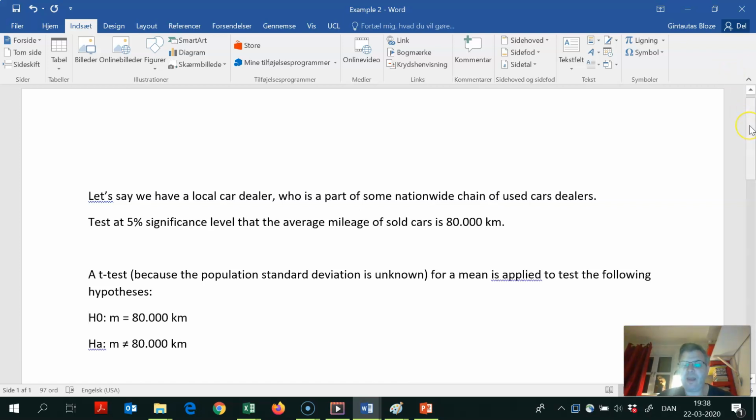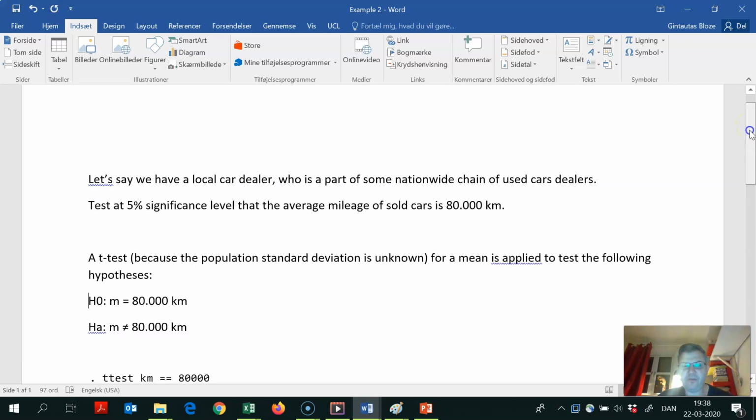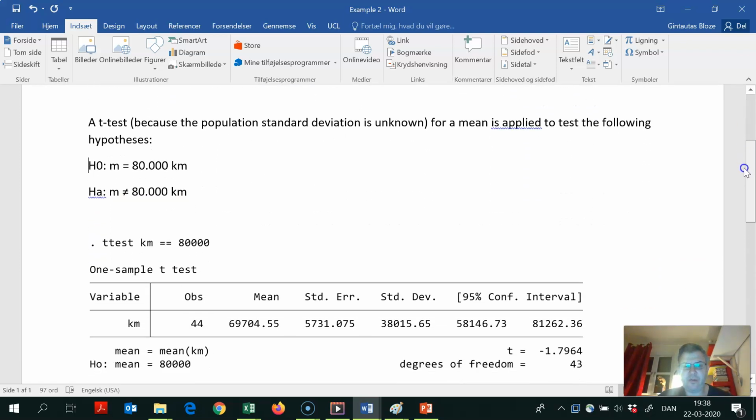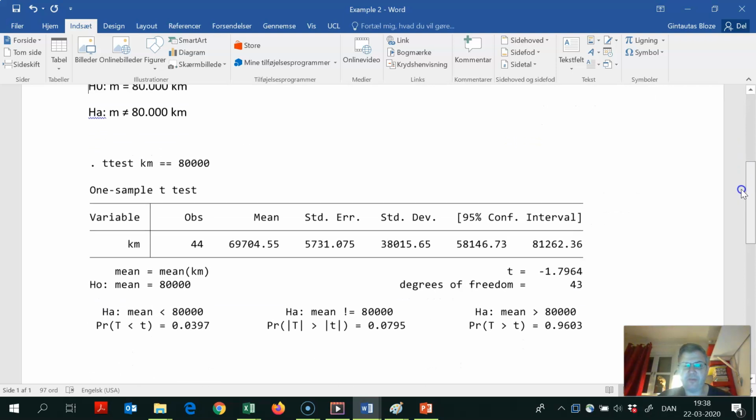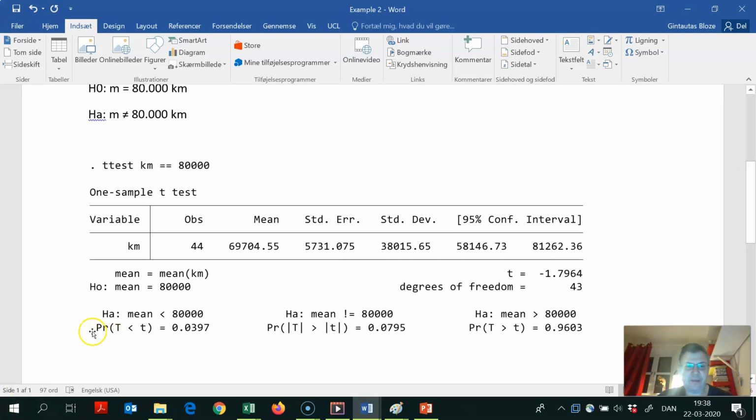And you actually don't have to make a new calculation, because as before, the software presents all three options for the hypothesis test. Here you have the alternative hypothesis that we tested before, less than 80,000 kilometers, and here in the middle you have the alternative hypothesis that it's different from 80,000.